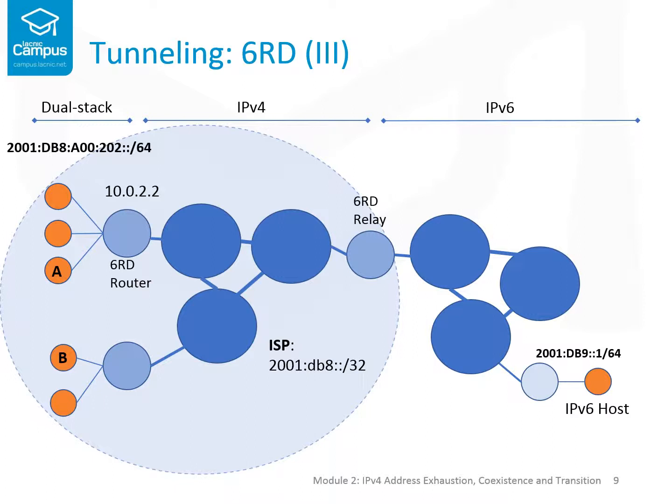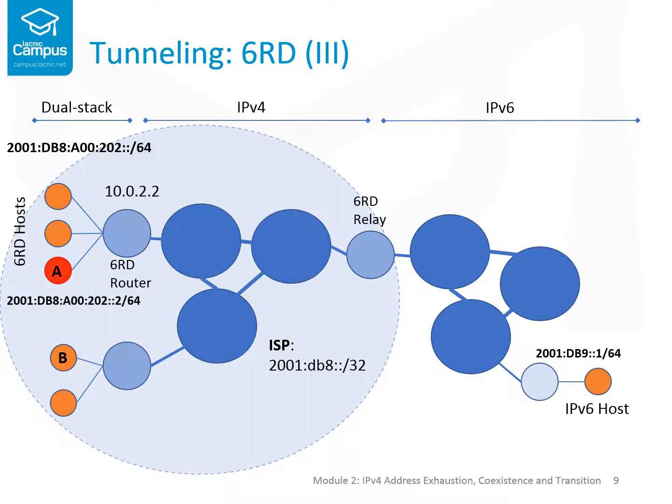So, we obtain a /64 prefix we can use to address hosts on a LAN served by this 6RD router. Here we can see that host A would have an IPv6 addressing ending in 2.